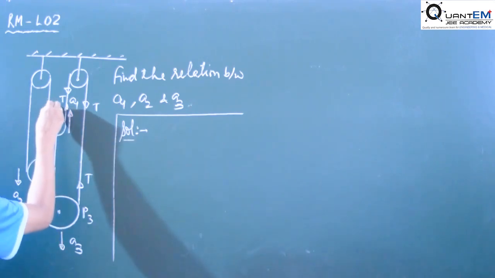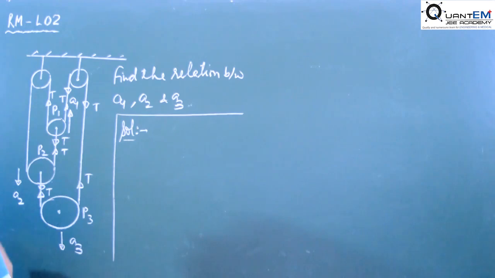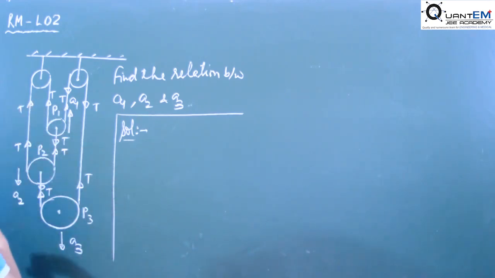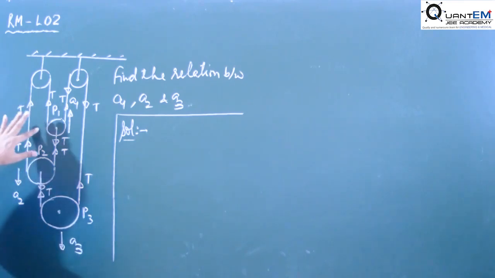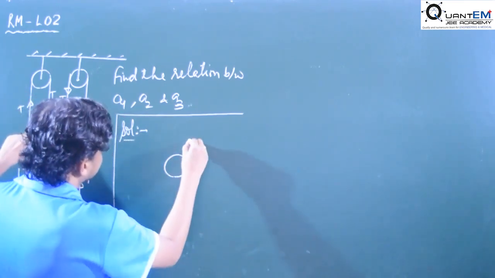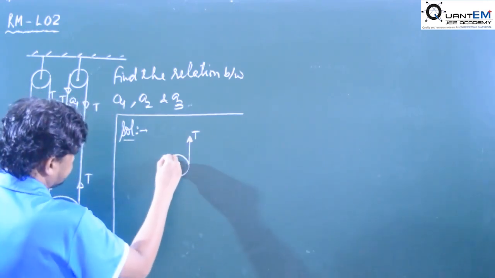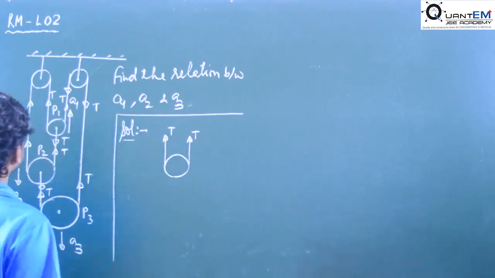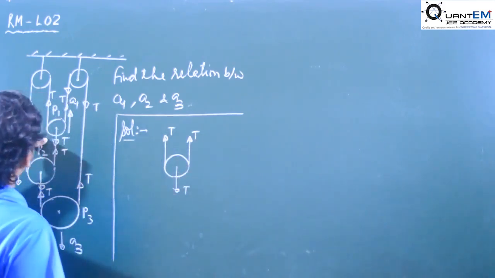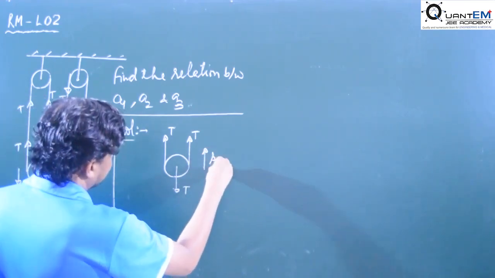Okay, this tension is T, it is T, and this tension is T. So we come to the first pulley. Tension upward direction T, and the downward tension is also T. The displacement, suppose in the upward direction, is S1.